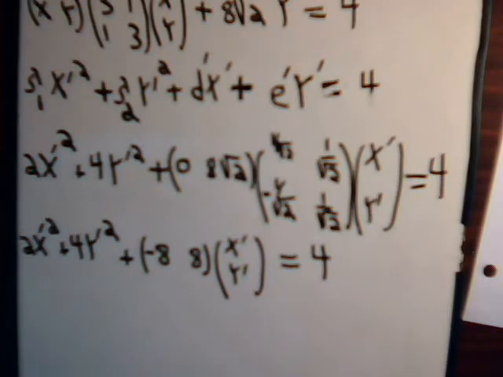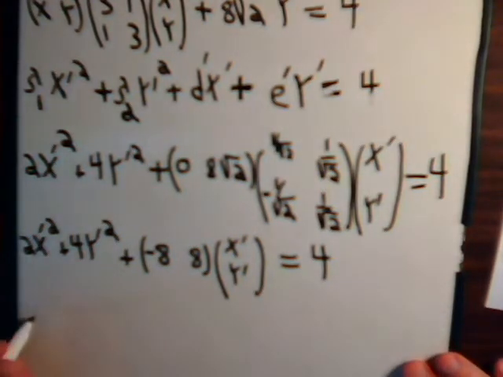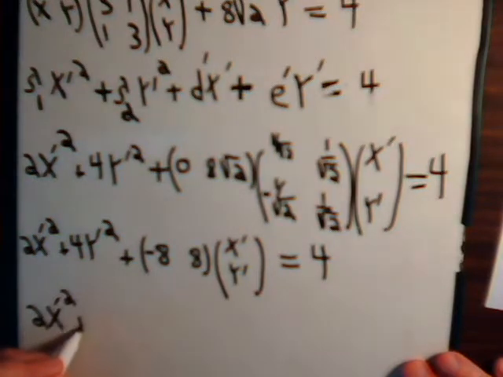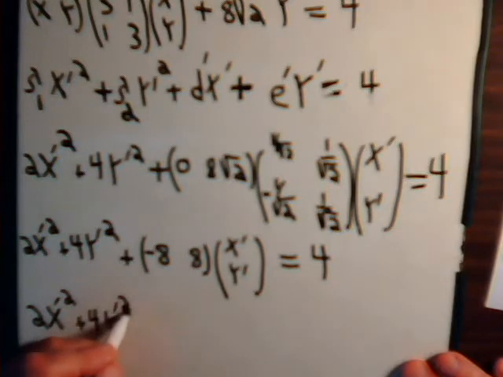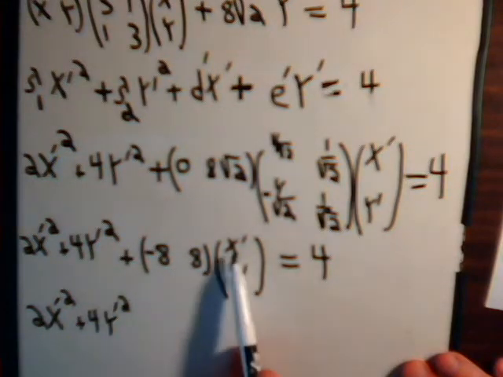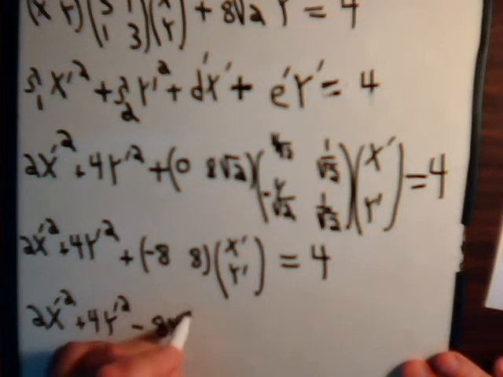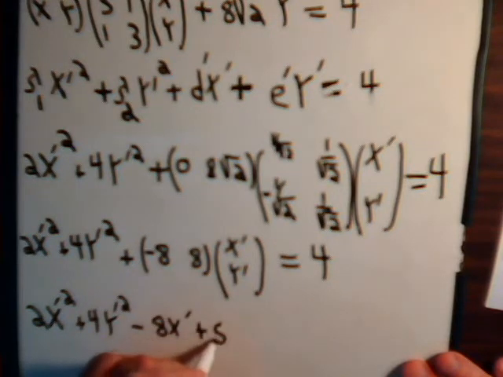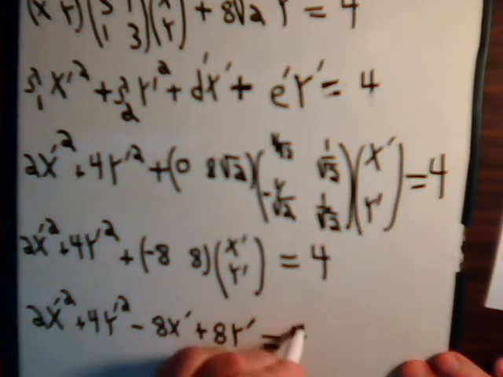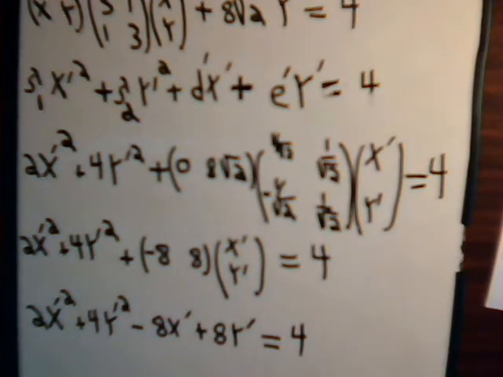Okay, now we have 2x prime squared plus 4y prime squared minus 8x prime plus 8y prime equals 4.